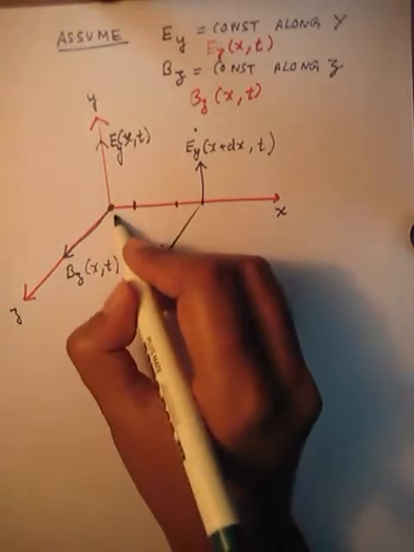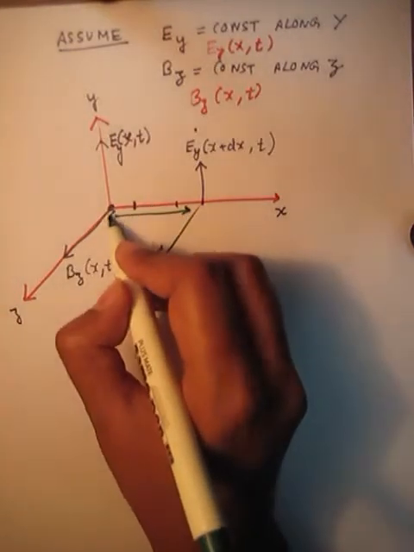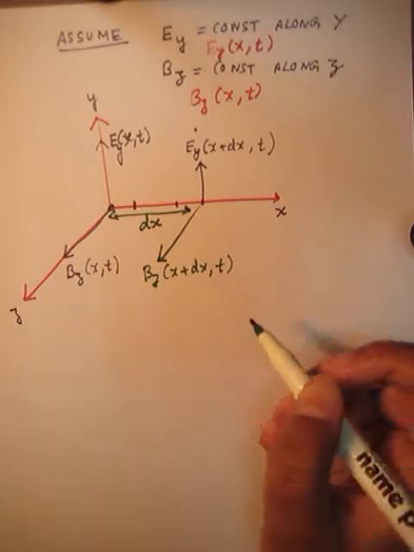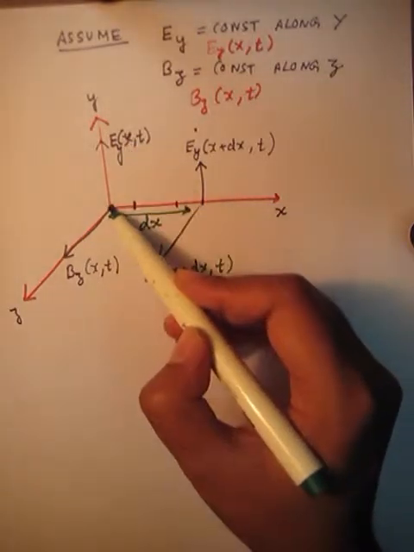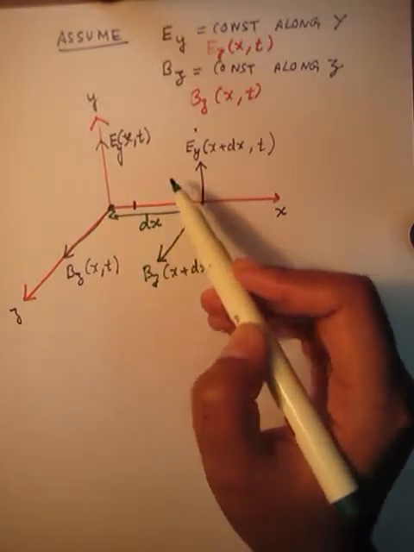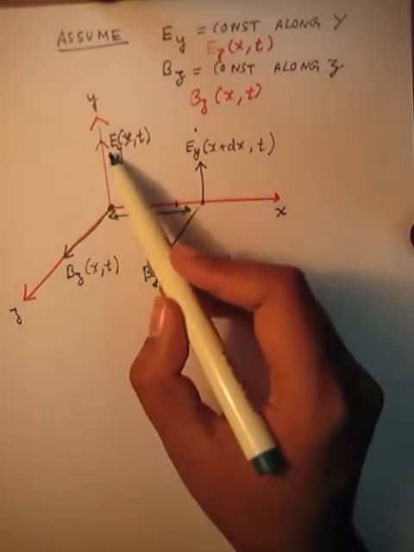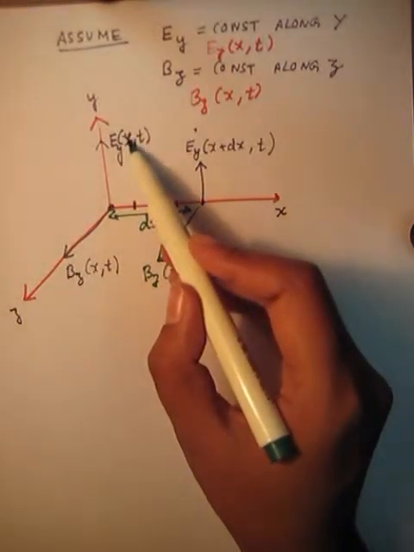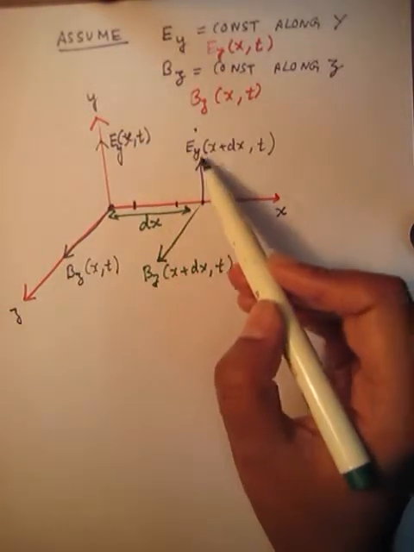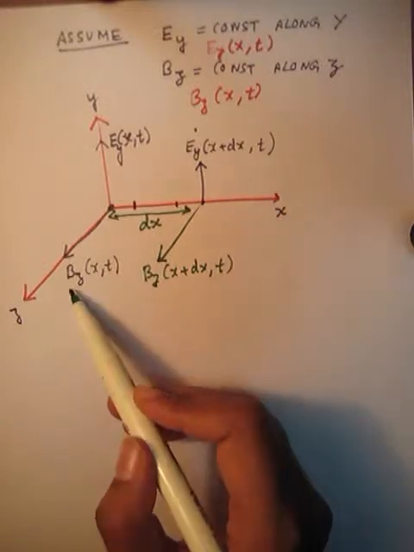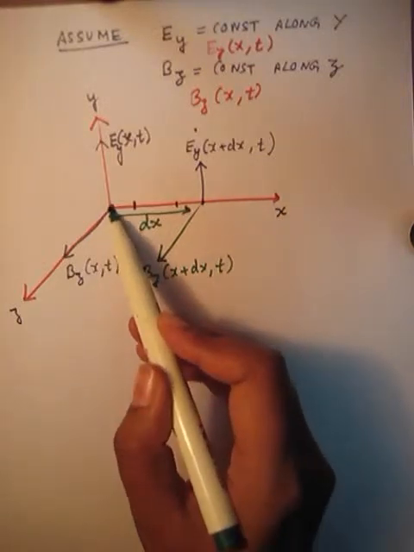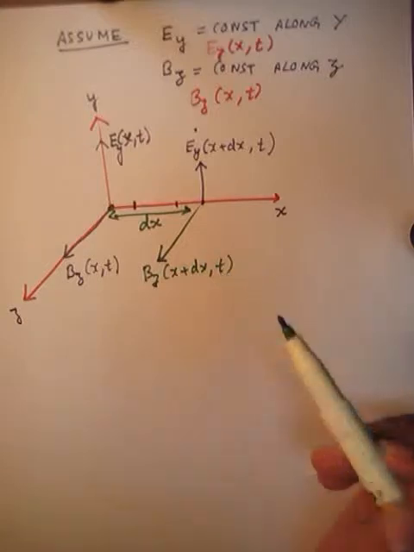Now this distance should be dx. So if this is x, this will be x plus dx. So Ey is a function of x and t, Ey at x plus dx and t. Bz, if it is x, t here, it will be x plus dx and t here.